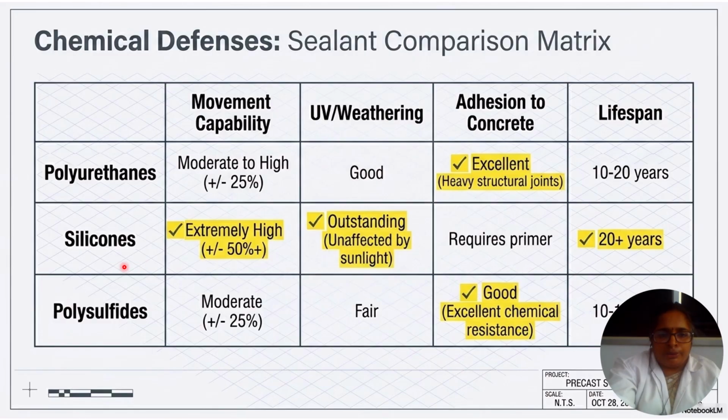Silicones have extremely high, outstanding movement capability, are unaffected by sunlight, require a primer, and have a lifespan of 20-plus years. Polysulfides have moderate movement capability, plus or minus 25%, good UV weathering, excellent adhesion to concrete and chemical resistance, and a lifespan of 10 to 15 years.